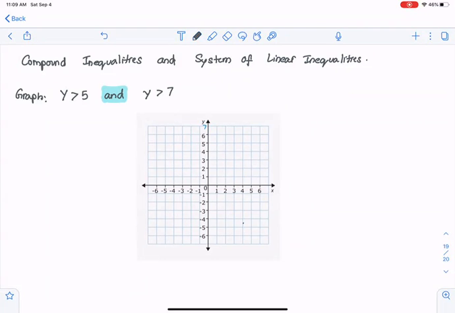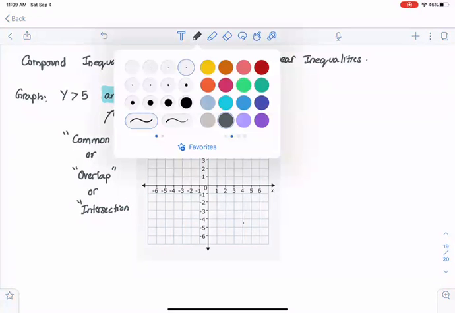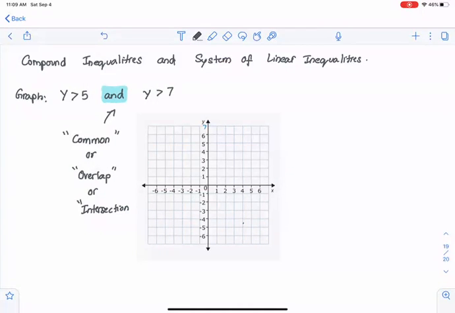So and means something that is in common or overlapping, or intersection. So that's what we need. So the overlapping region. So since we have greater than 5, we would have a dotted line passing through 5.